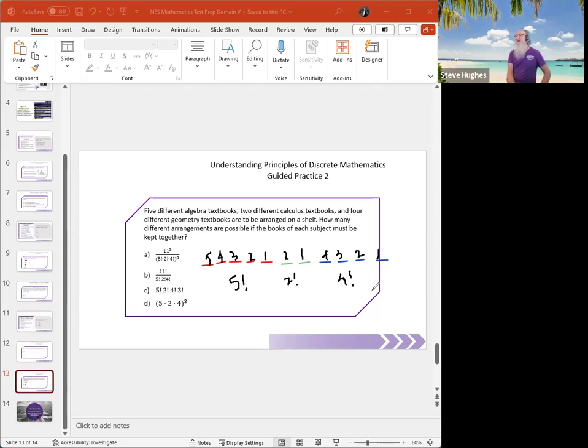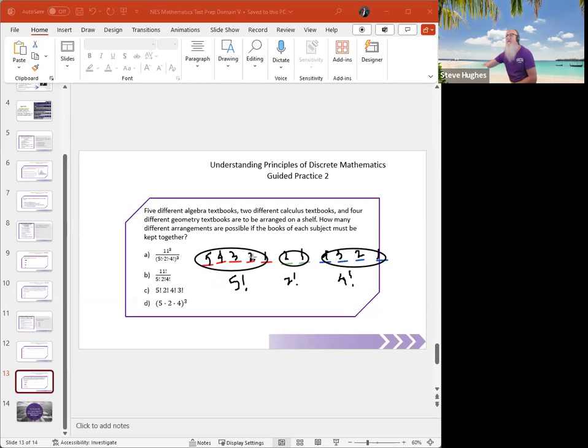Now I could multiply all those 3 together, but if I look down at my choices, I don't have a number that says 5 factorial times 2 factorial times 4 factorial. So what did I forget? What I forgot is that I could arrange these in different orders. I could take this group right here, and then this group, and then this group. I could swap these around.